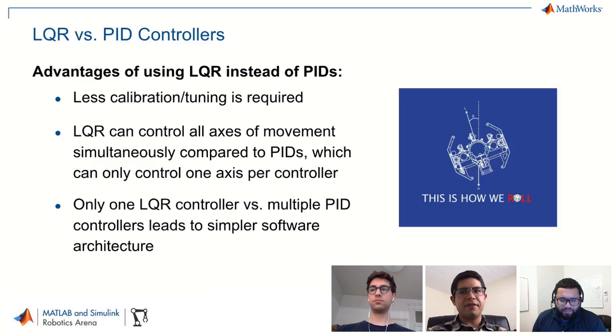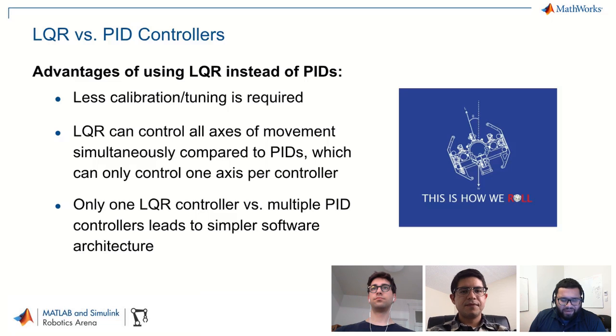And of course, when you have one controller versus 4 separate controllers, it definitely simplified our software architecture. So that made it a lot simpler not only to use, but also to explain to other people.